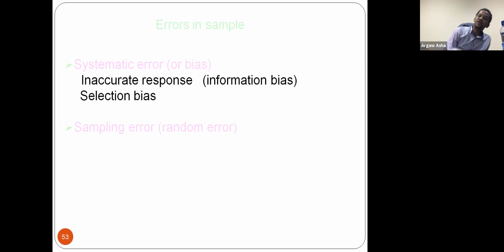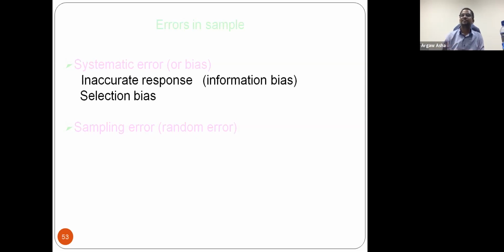Then whenever you are choosing the sample, we could face errors. We have systematic error as well as sampling error. Systematic error means whenever you are collecting data, if you get an inaccurate response, when people are not giving you the accurate response, you may have some bias.